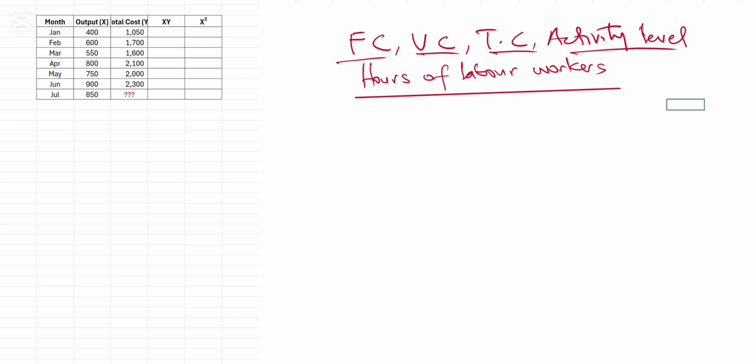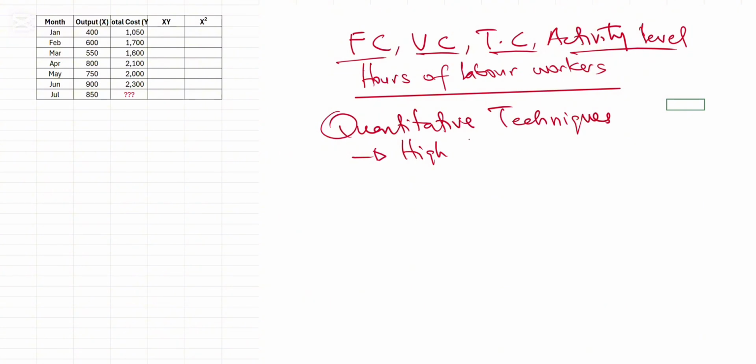So we're going to be looking at various quantitative approaches. I'll call it quantitative techniques. And there are 4 of them that we're going to learn as required in the syllabus. The first one is the high and low method.